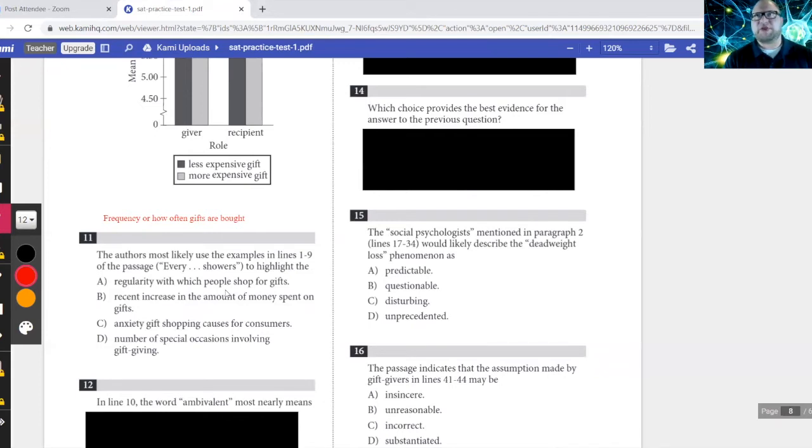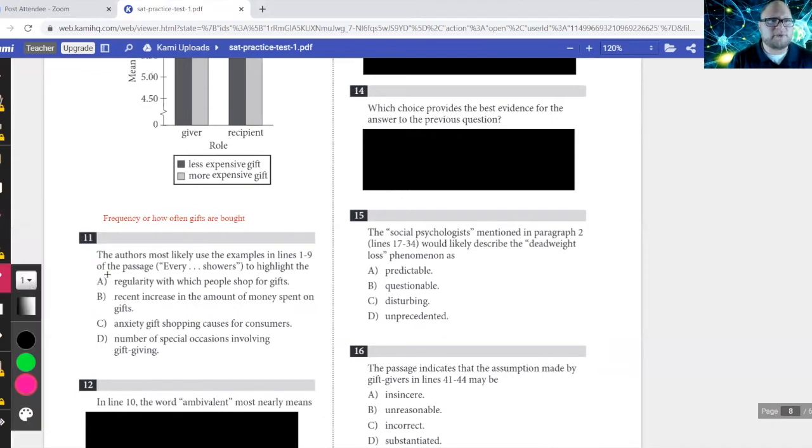Now, they do mention the occasions, but is that the main idea? No, it talked about the frequency of and how Americans are buying gifts every day. So again, going back to that annotation and main idea will allow you to correctly select the appropriate answer.